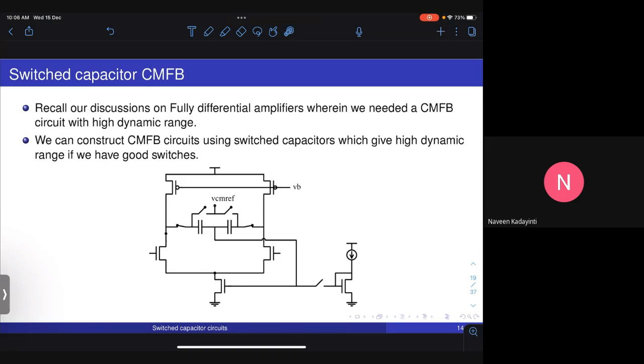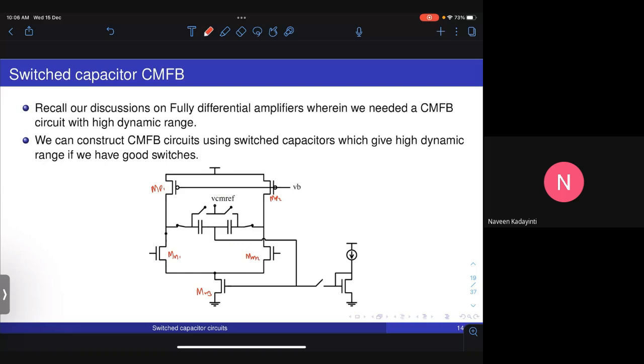These five transistors, let me name them MN1, MN2, MP1, MP2, and let's say MN3, are the simple fully differential amplifier that we discussed yesterday. The new network here is only this common mode feedback.